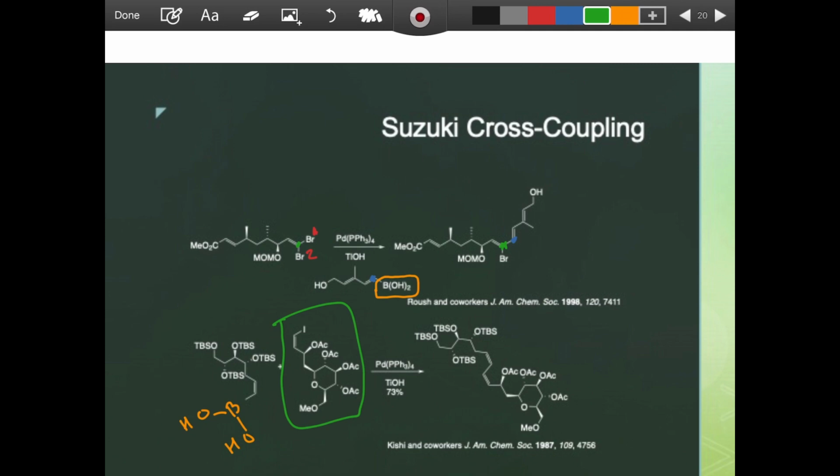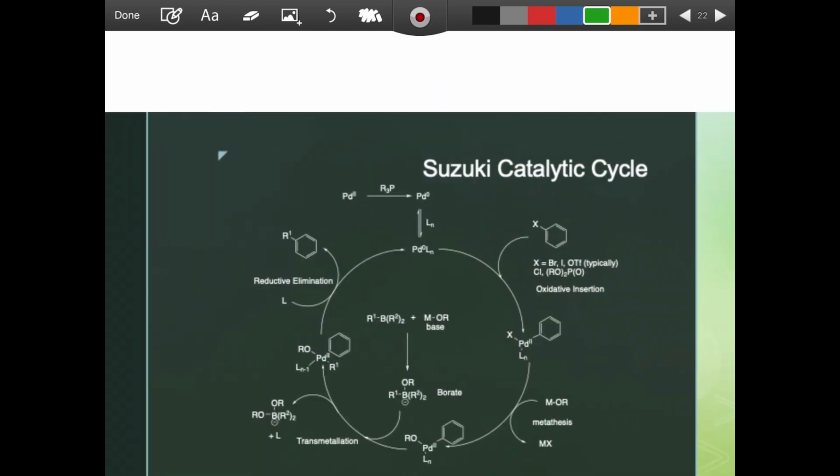Now, the Suzuki reaction has a slightly different mechanism. So, I guess I should point out here that boron is not a metal. I apologize. It's a metalloid.